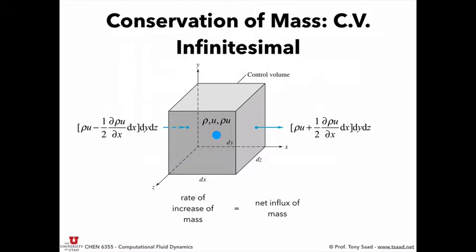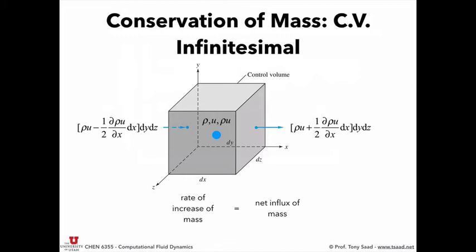So we multiply by delta y, delta z. And we do the same thing at the plus face, or at the out face. Rho u out is going to be equal to rho u in the middle plus delta x over 2 d rho u by dx plus a bunch of other terms, times delta y, delta z. So that gives us these two terms.